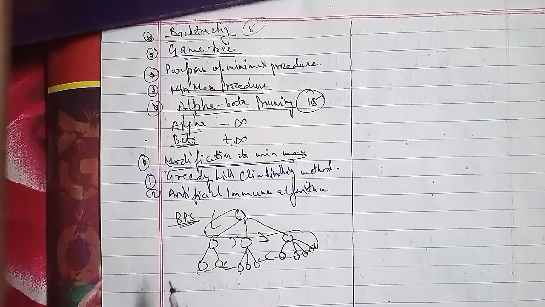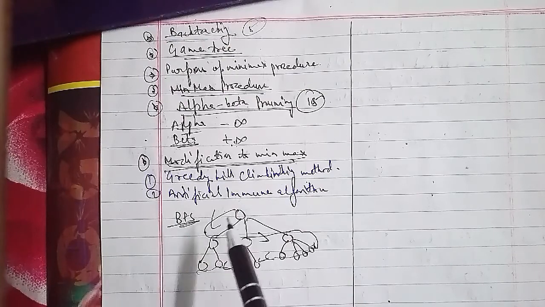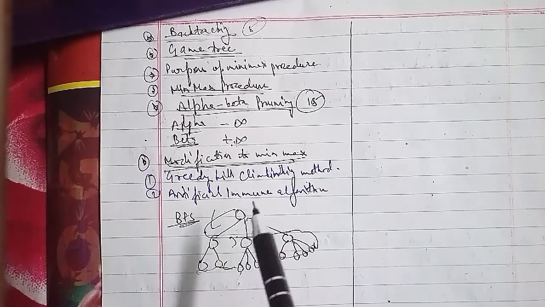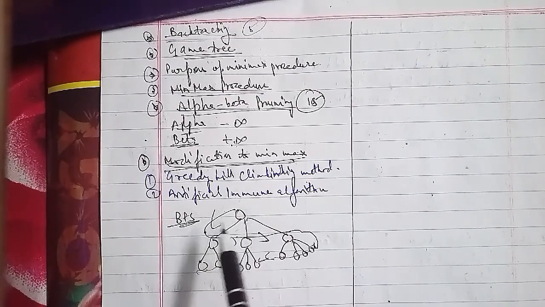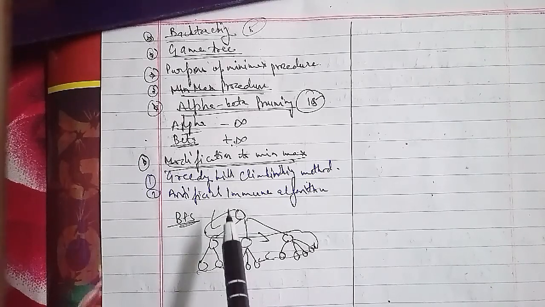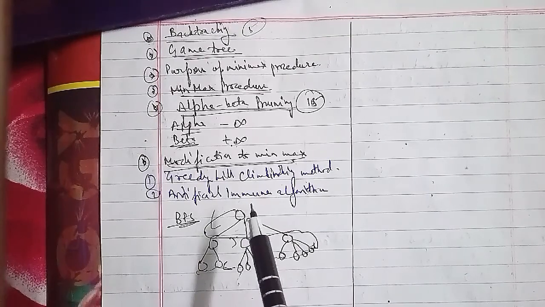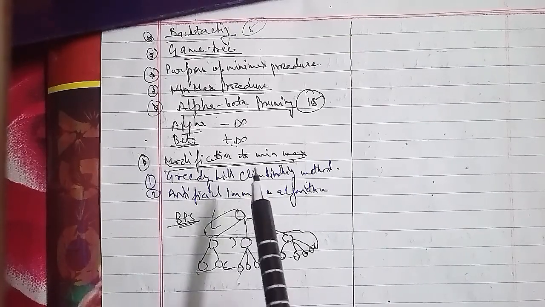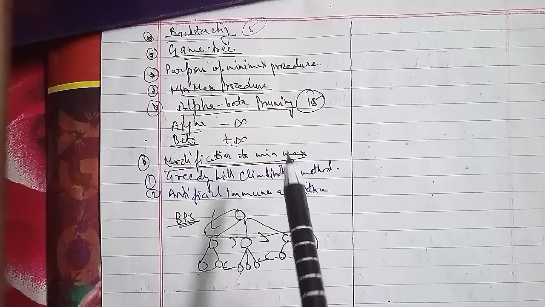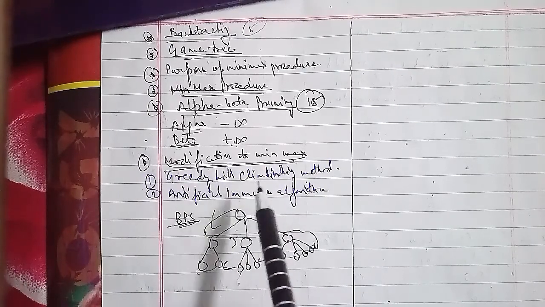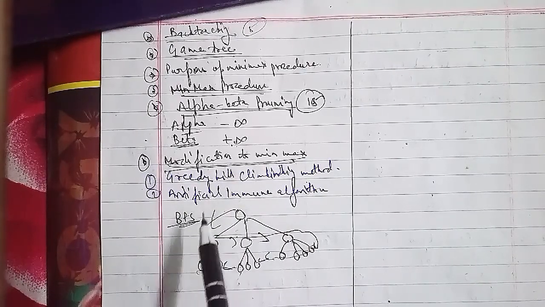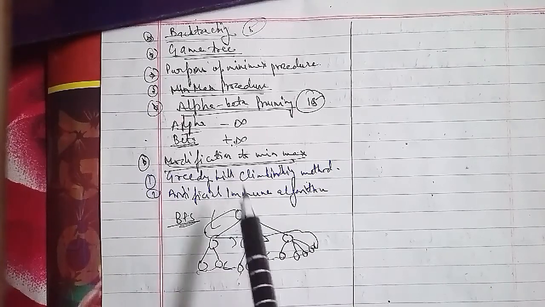For the DFS here, we have a tree where nodes have children, and more and more children.